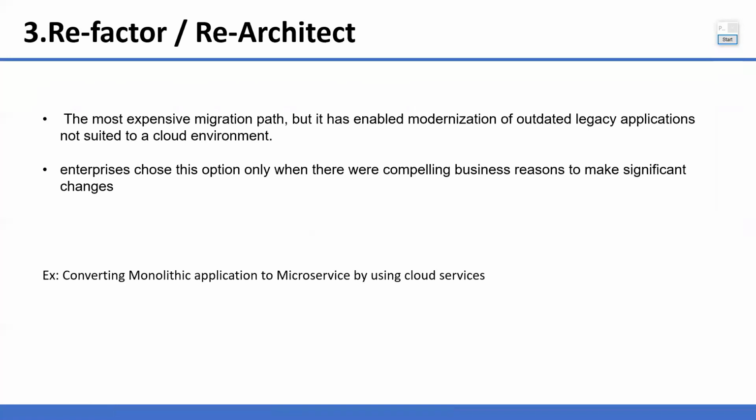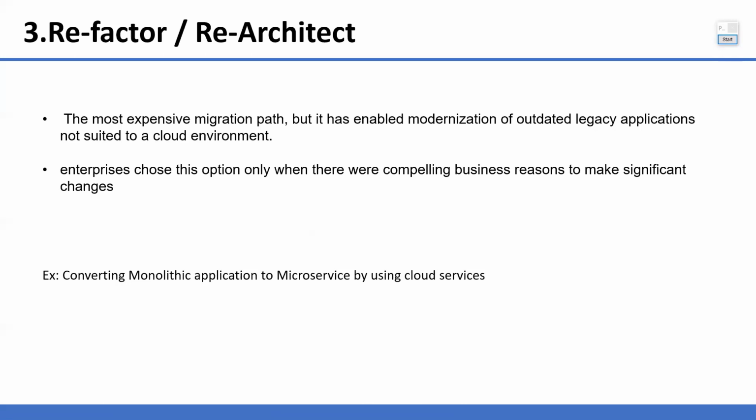The third strategy is refactor, or re-architect. Refactoring or re-architecting is the most expensive migration path, but it helps you modernize an outdated legacy application which is not suited to your cloud environment. When you decide to follow this strategy, you are going to invest in developing your applications from scratch.